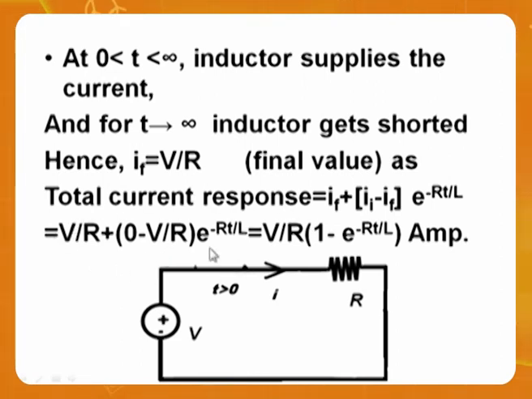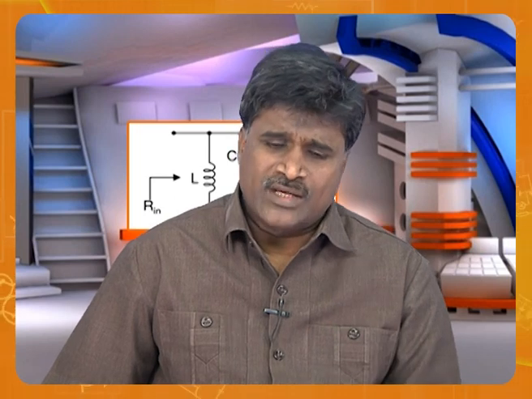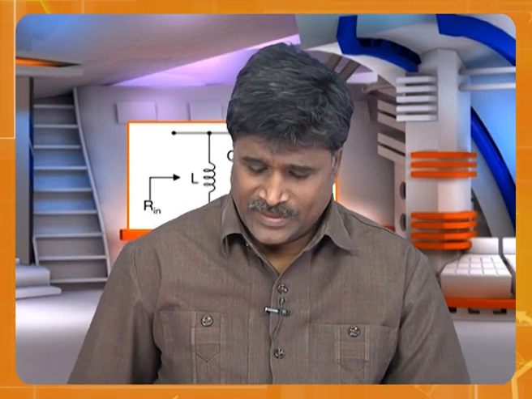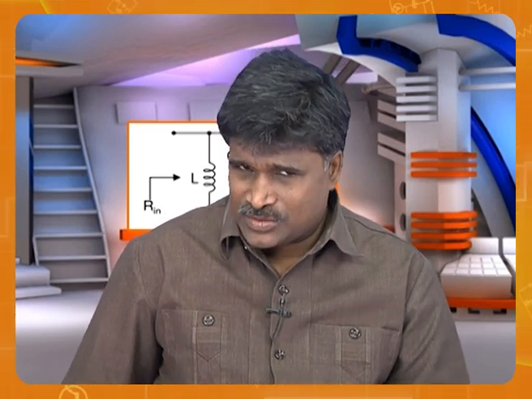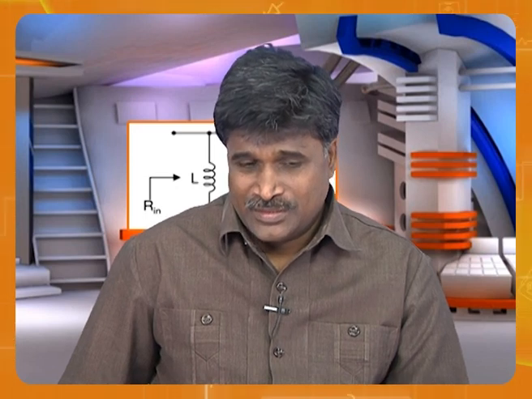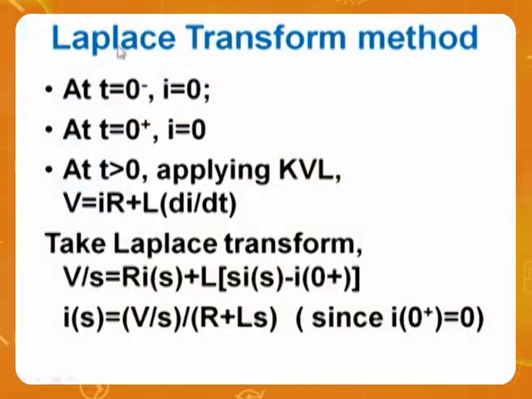So if you observe, it is taking very fast conclusions. Now same circuit I will take to the third type, S domain or Laplace domain as people call it. So we already understood at t equal to 0 minus I is 0, 0 plus also I is 0, and for t greater than 0 this is the equation, V is equal to IR plus L di by dt. Now what to do?